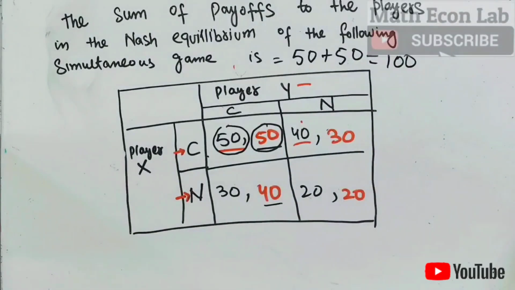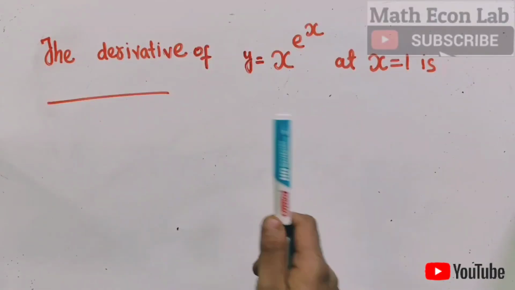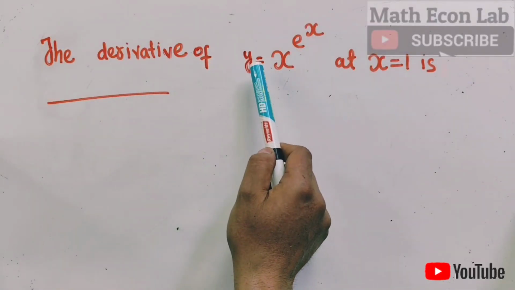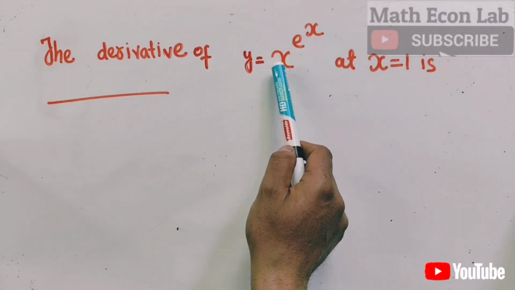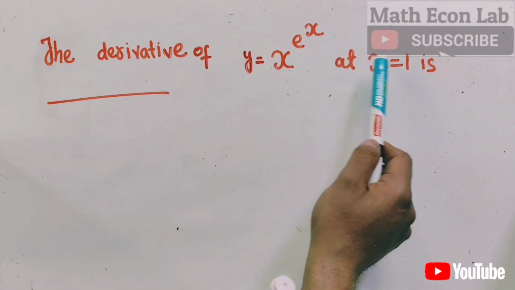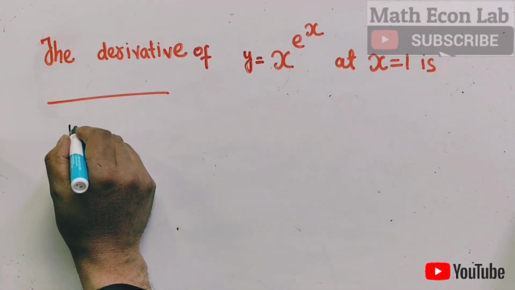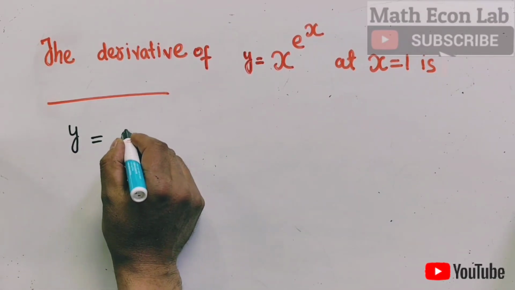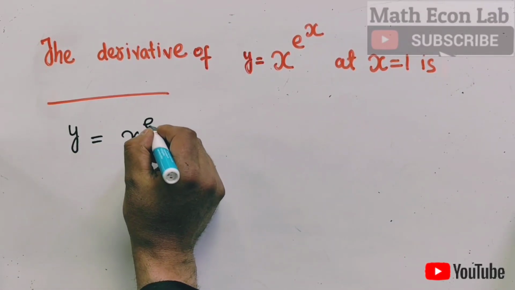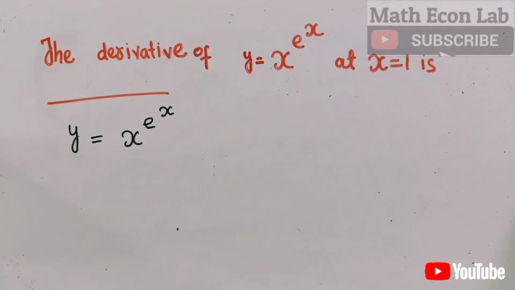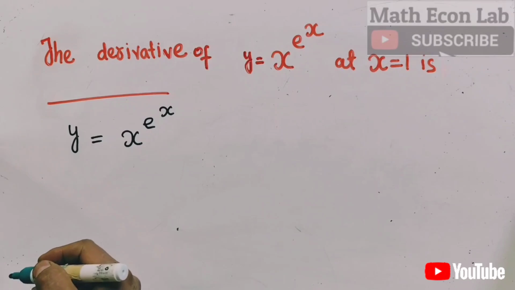Next question: the derivative of y is equal to x raised to the power e raised to the power x, at x equal to 1. We need to find the derivative. So we have y is equal to x raised to the power e raised to the power x. Let us first take the log on both sides.